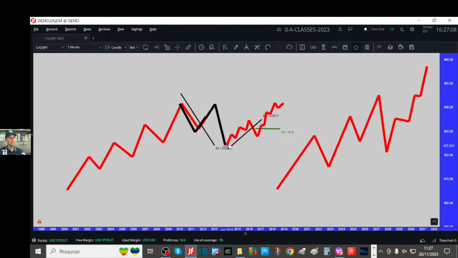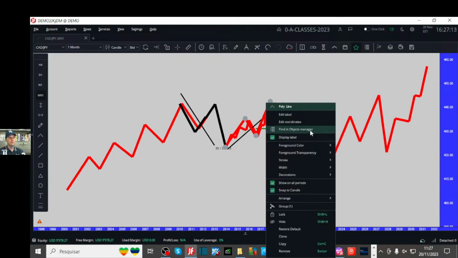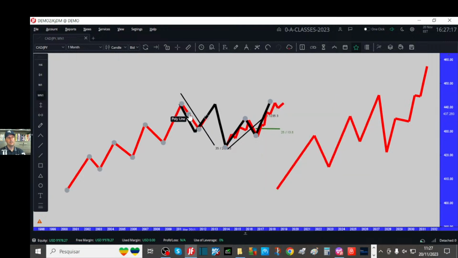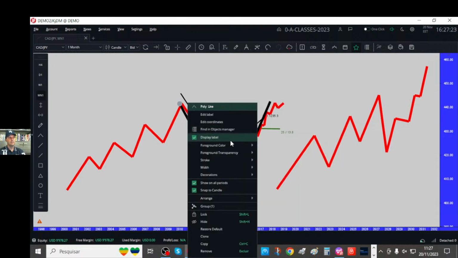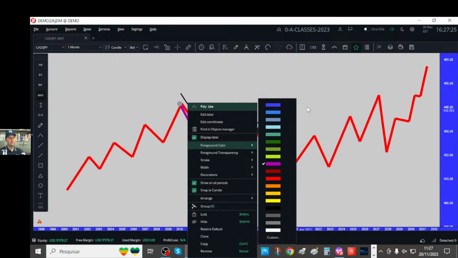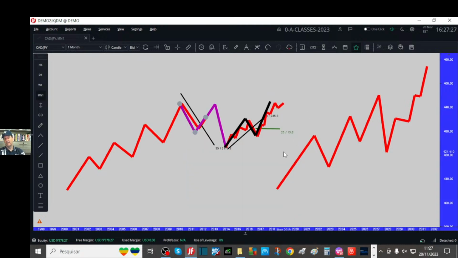My brain is not seeing the downtrend, the black one, anymore. The violet. My brain is picking up now the black one. Higher highs, higher lows again.